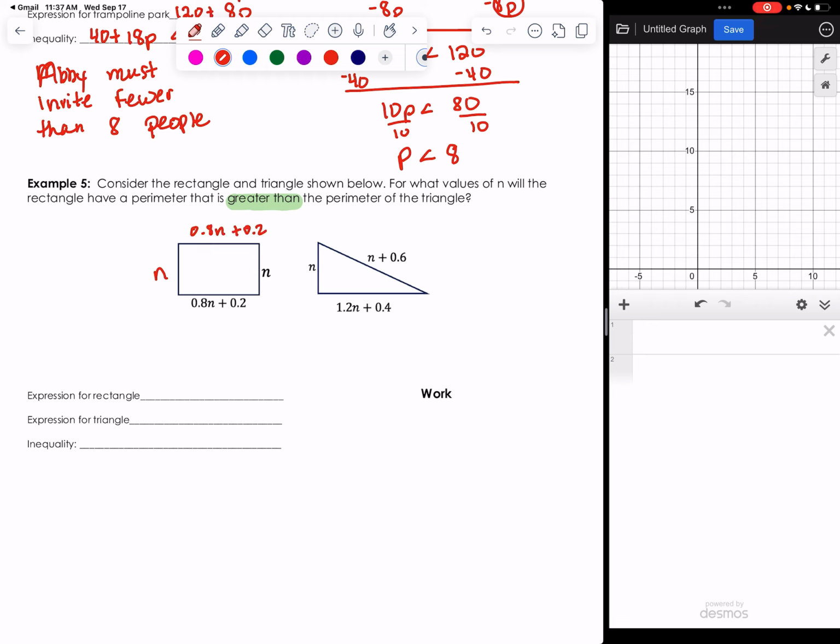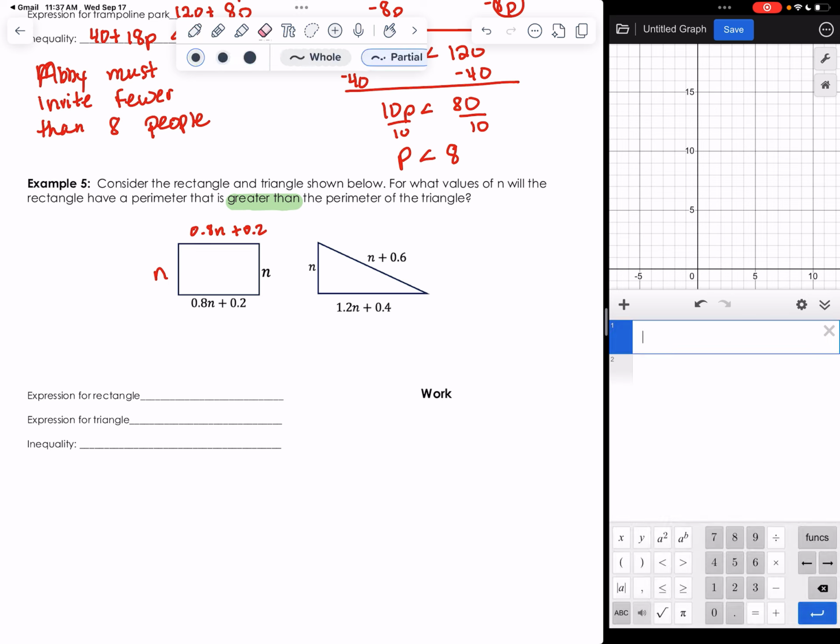So to get an expression for the rectangle, I'm going to come over here and add like terms. So I'm going to add 0.8 plus 1 plus 0.8 plus 1.